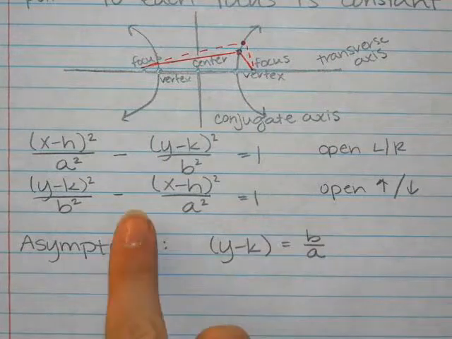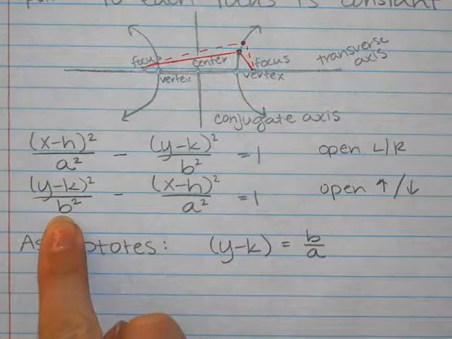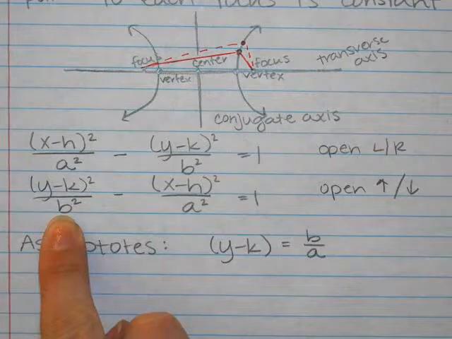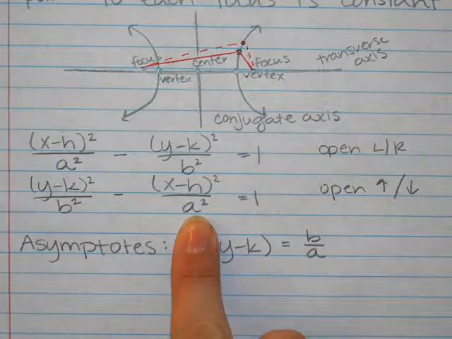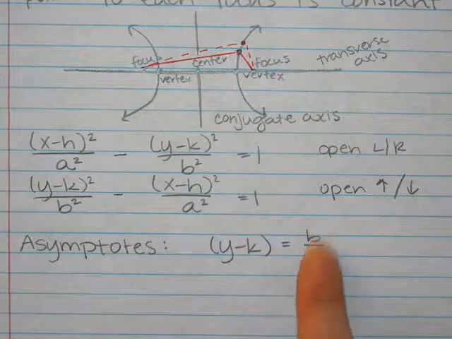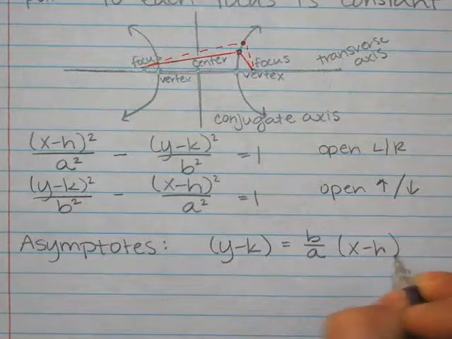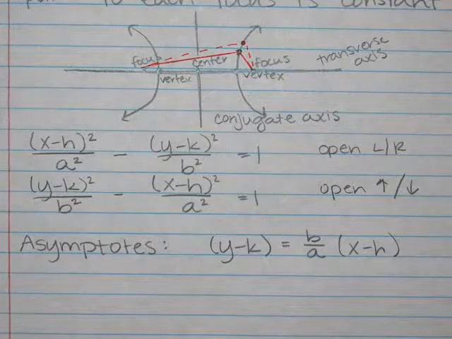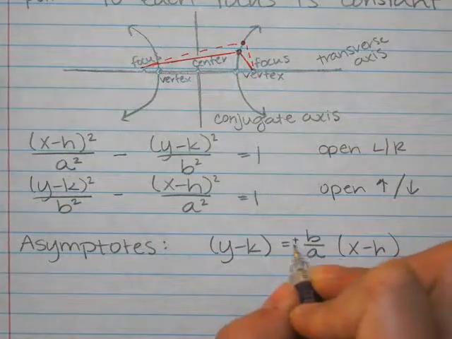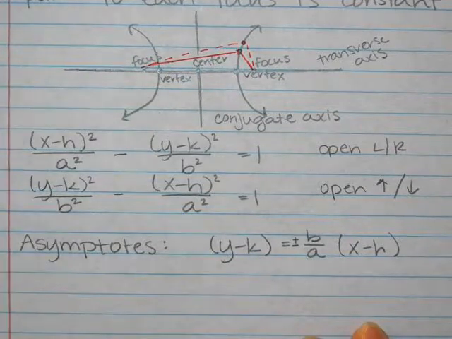And notice that's the square root of the number underneath y divided by the square root of the number underneath x. So you can think of this as rise over run, times x minus h. And the way that we get two answers here is we put a plus minus in front of the slope. So you're going to find two asymptotes, one with a plus, one with a minus.